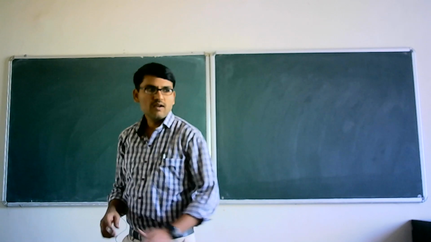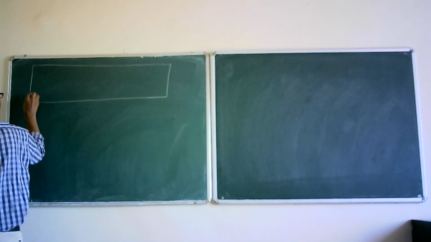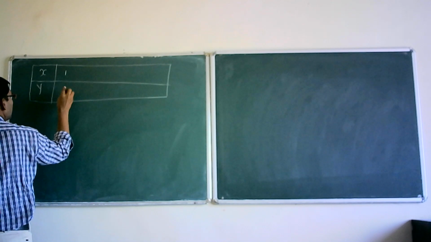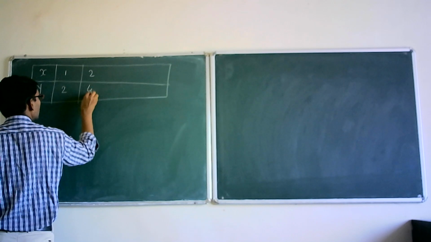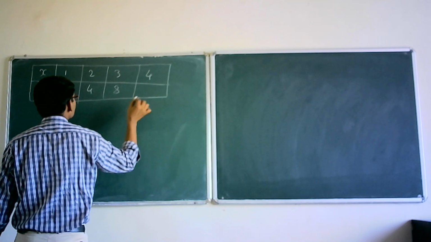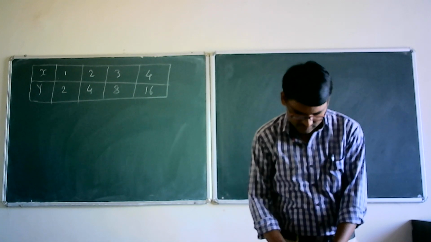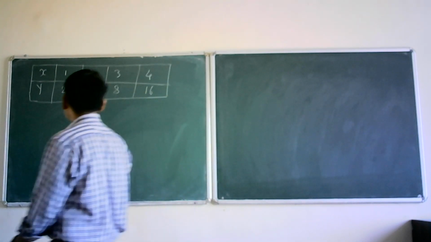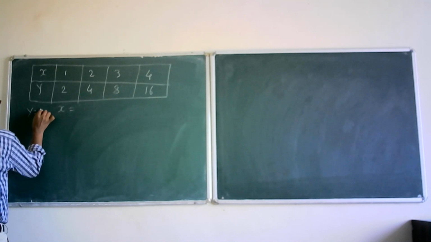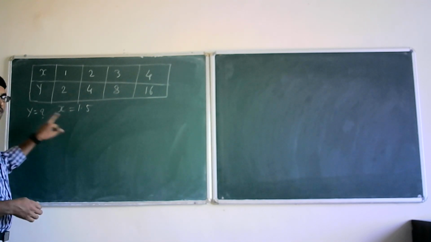For example, suppose from the given table we find the value of y. Suppose this table is given: x is 1, 2, 3, 4 and y is 2, 4, 8, 16. Four values are given, and we want to determine the value of y when x is equal to 1.5.